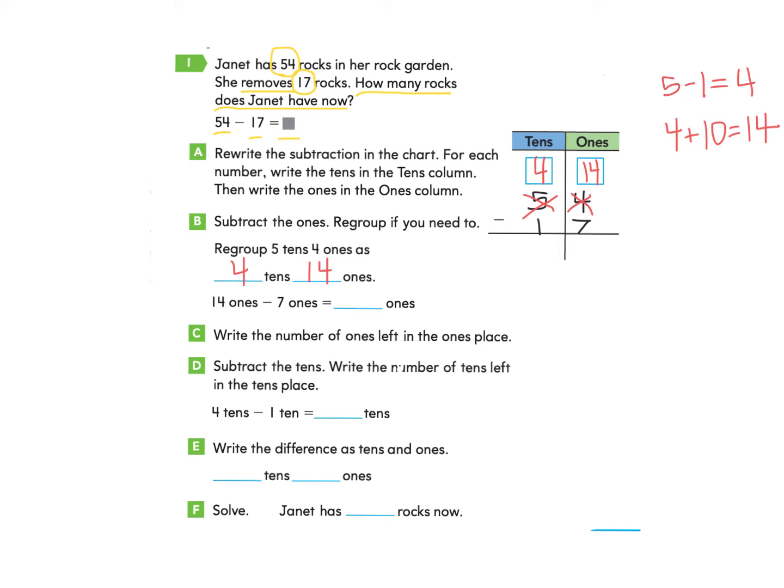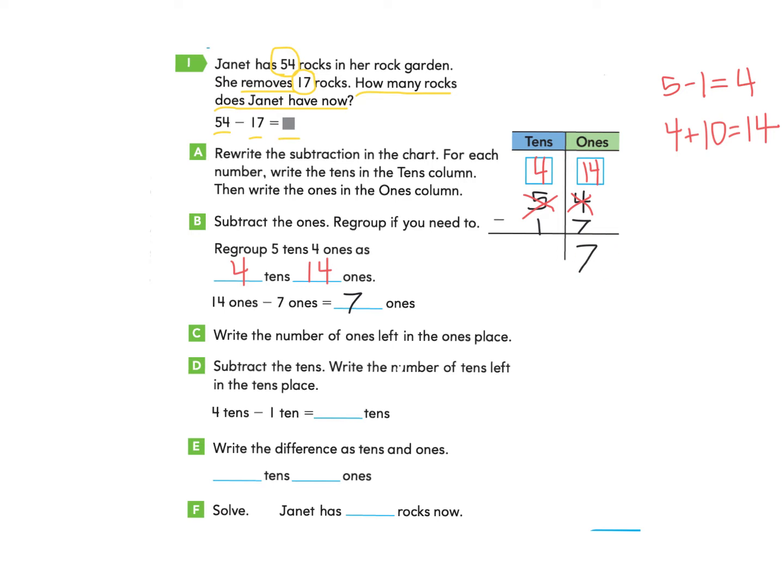So 14 take away 7, our answer would go here. And if you want to pause and try this on your own, you can do that. And you will find that 14 ones take away 7 ones make 7 ones. So we're going to write that in the ones column. And that's what this part tells us to do here. Write the number of ones left in the ones place. So that's what we did here. We put that 7 right here.